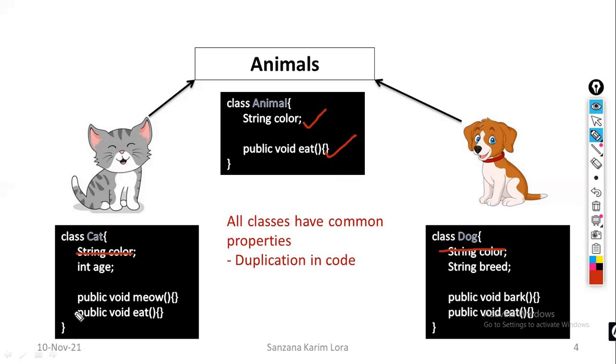Similarly, we can remove the eat method from the cat class and the eat method from the dog class. But if I remove the variable and method, how can we get the properties of the animal inside our cat class and dog class? Let's see what happened.